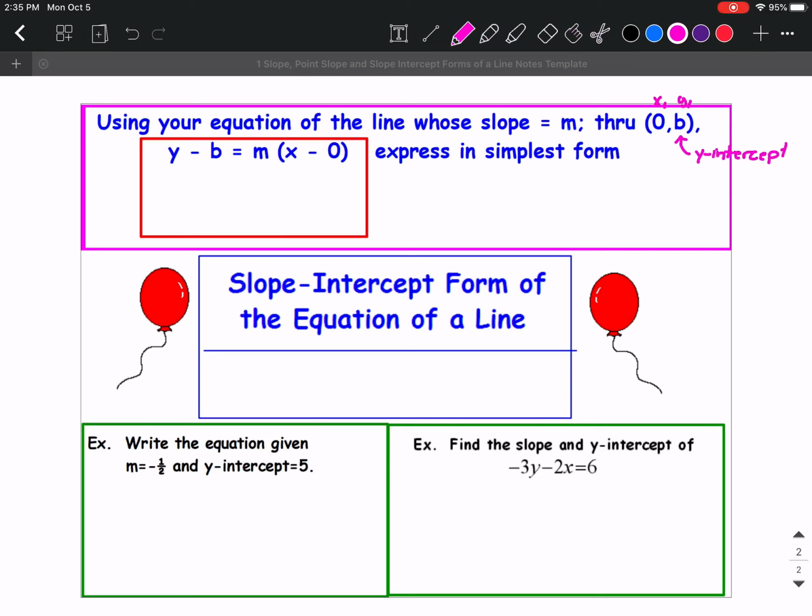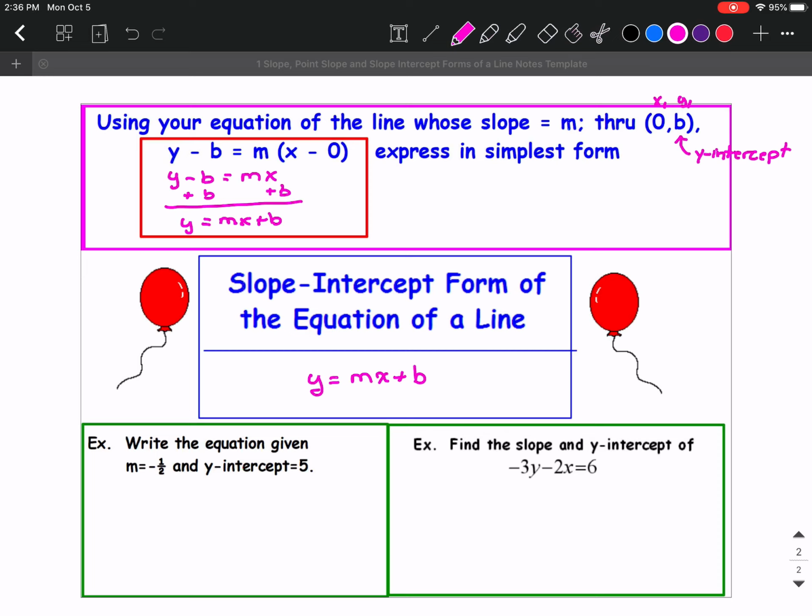That's the y-intercept of the line, which means, on the previous screen, we said x minus 0 is just x, and if I add b to both sides, y equals mx plus b. That's your old favorite form of the equation of a line, right? That's the one you're used to using, y equals mx plus b. So there's your good old standby.